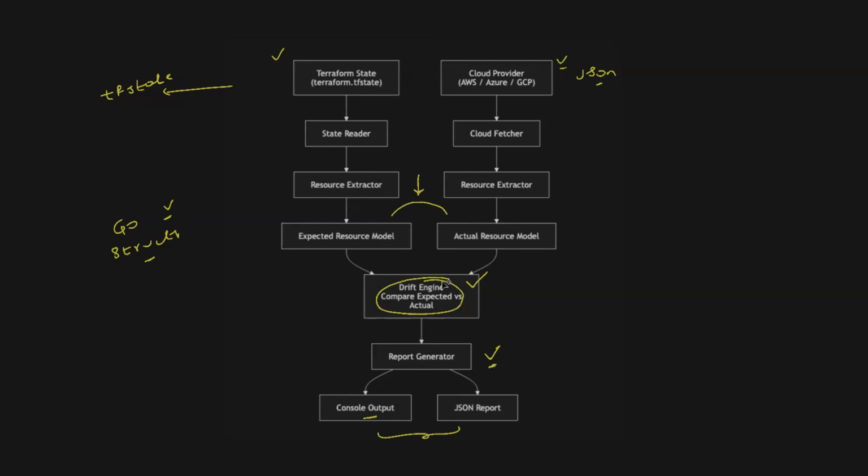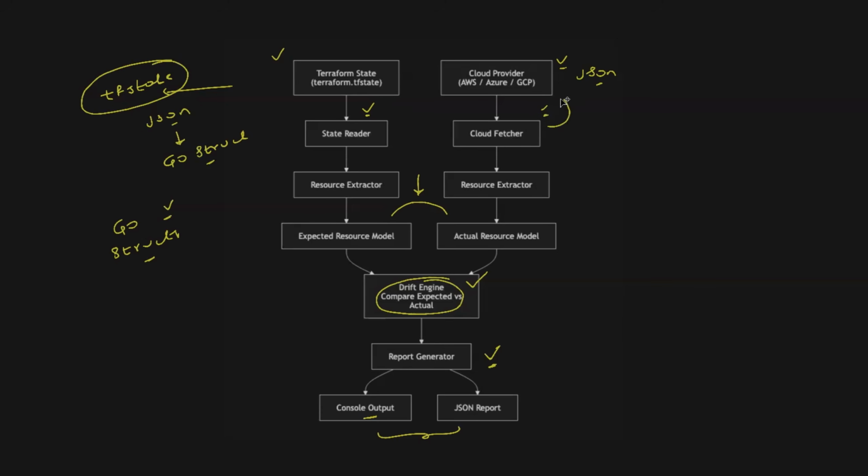Now for this to happen, there are different components here. Let me walk you through it. First, there is a state reader. What does the state reader do? State reader extracts the information from the TF state file. Initially, it gets this information in the JSON format, and then from the JSON format, it puts this information in a Go struct. Similarly, there is a cloud fetcher.